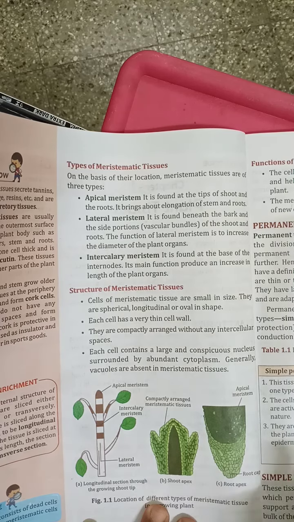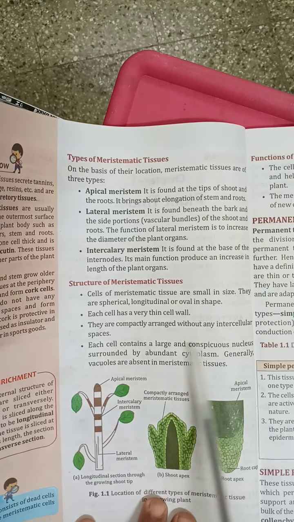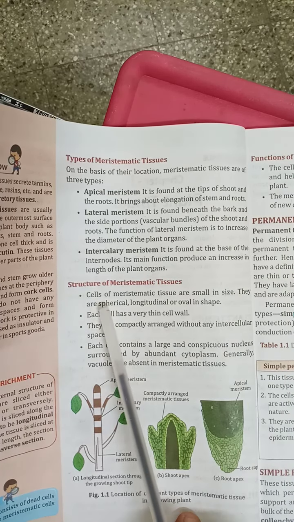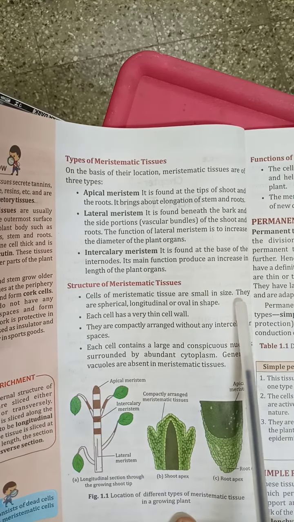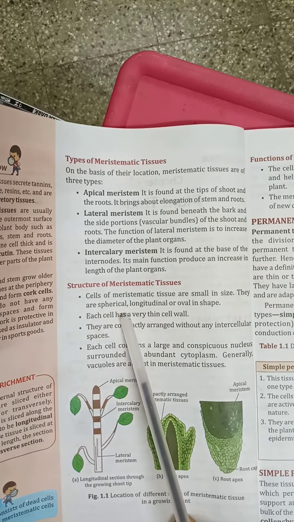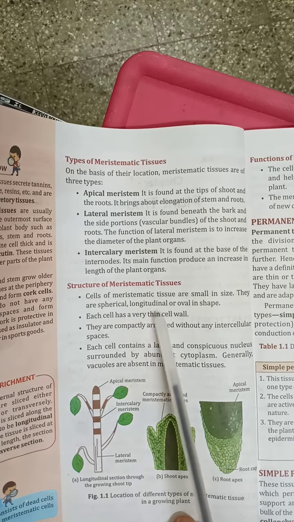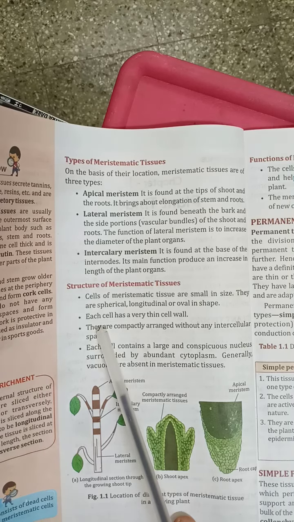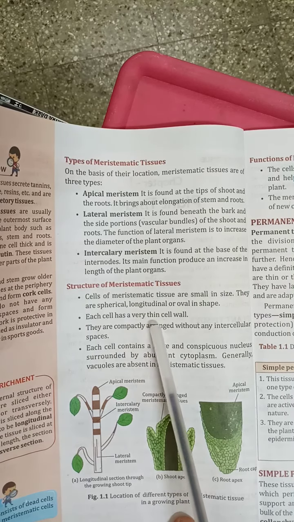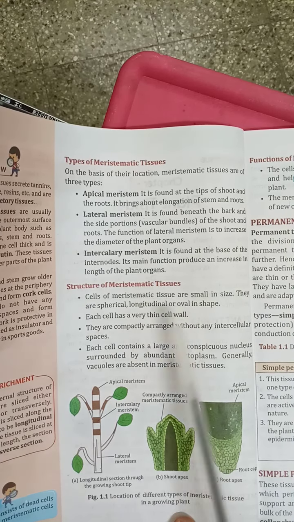Now, the general characteristics of the meristematic tissues. The cells are small in size, spherical, longitudinal or oval in shape. Each cell has a very thin cell wall.